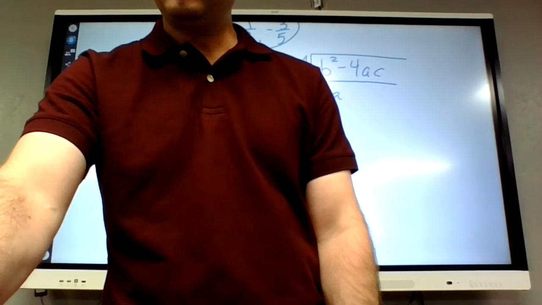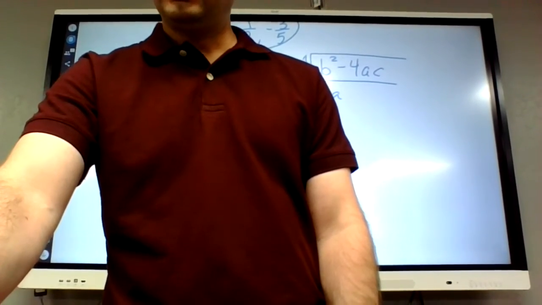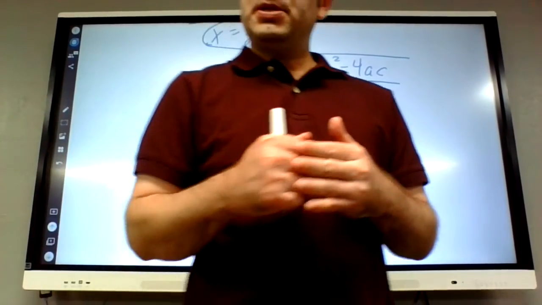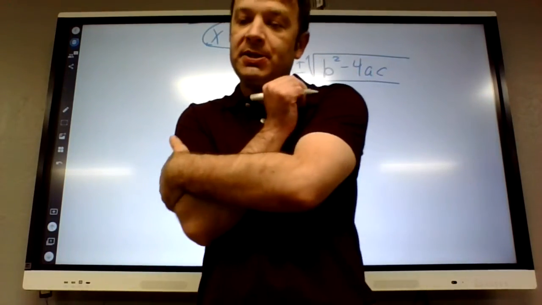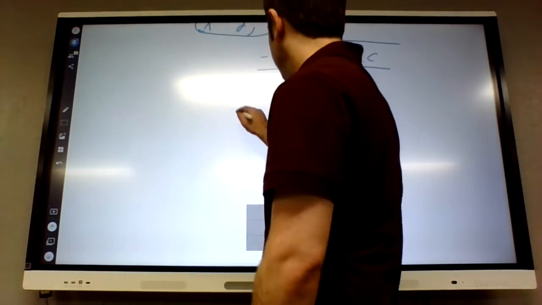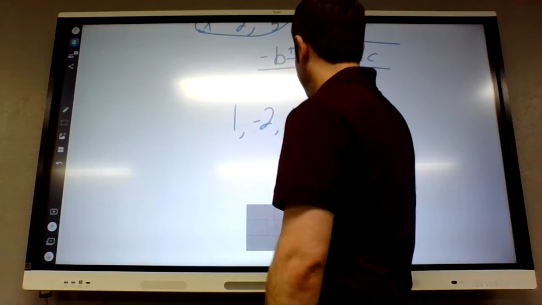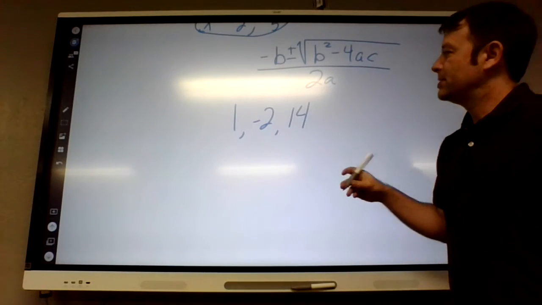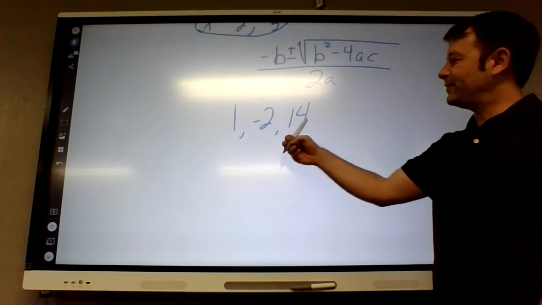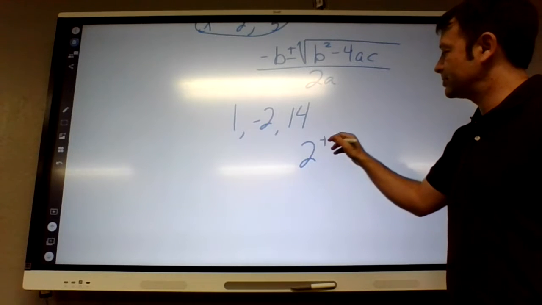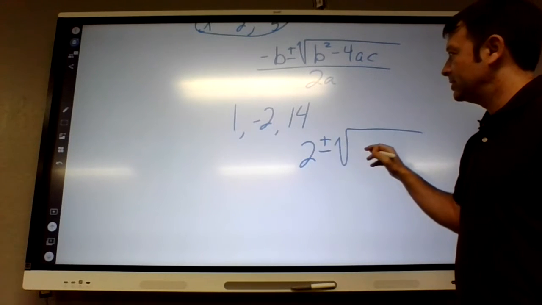Okay, I guess I'm doing 28. So on 28, what's my a, b, and c? 1, -2, and 14. So negative b would be -2, is +2, plus or minus square root of.